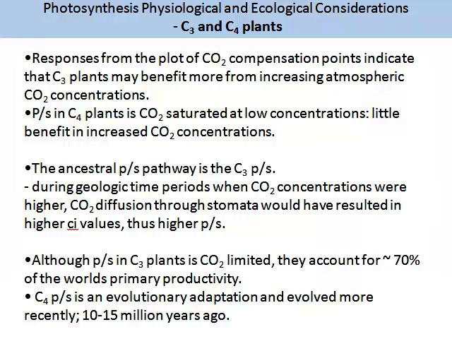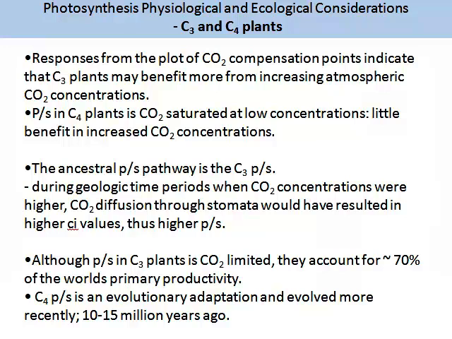Responses from the plot of carbon dioxide compensation points indicate that C3 plants may benefit from increasing atmospheric carbon dioxide concentrations. Photosynthesis in C4 plants is carbon dioxide saturated at low concentrations. Therefore, there will be little benefit to this group of plants with increased carbon dioxide concentrations.